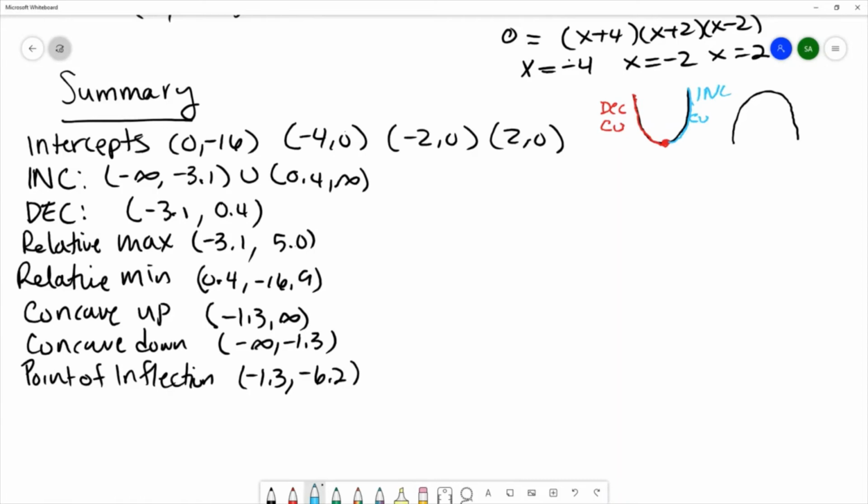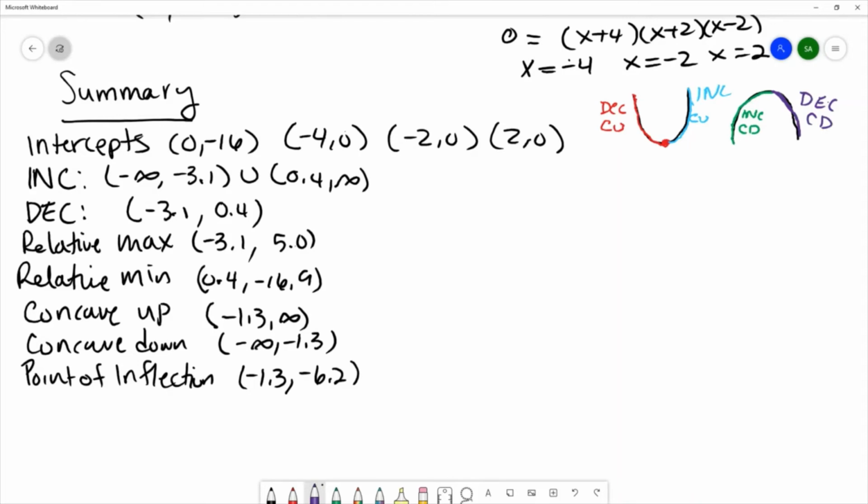And then the down-facing parabola is concave down. This portion is increasing, but concave down. And let's get one more color there. Purple. On this section, we have decreasing and concave down.